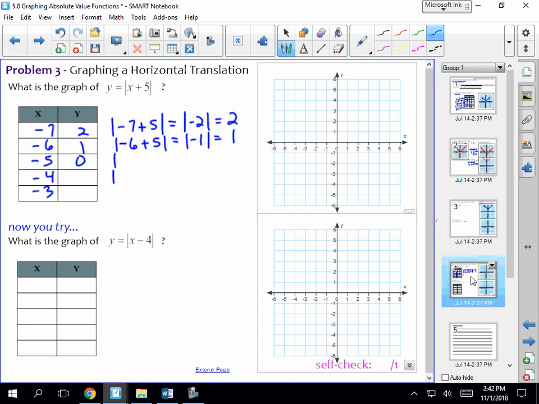So now we have -4 plus 5 equals 1, absolute value of 1, which is 1. So now it's coming back up, and that's 2. So at -5, I'm at 0. -6, I'm at 1. If I added on a -7, I'd be at 2. -4, I'd be at 1. And -3, I'd be at 2. And then I see my little V shape.